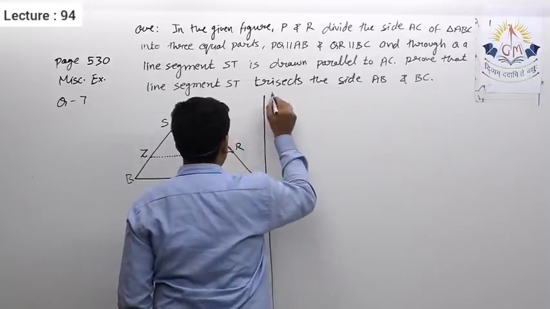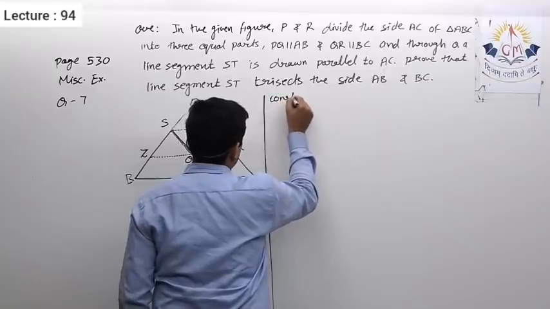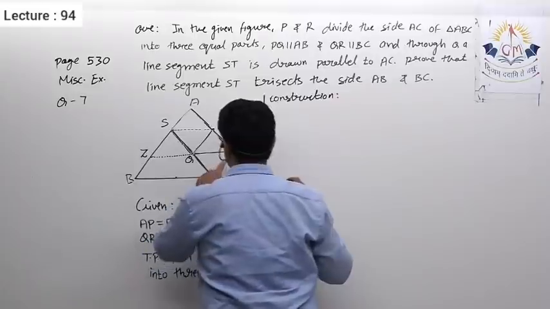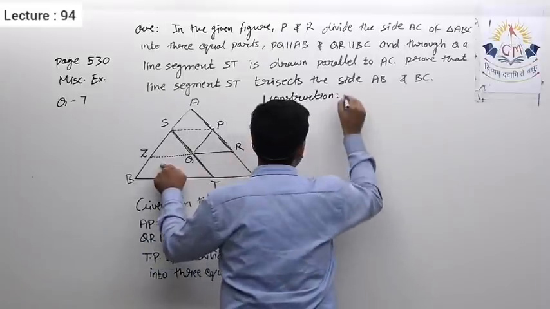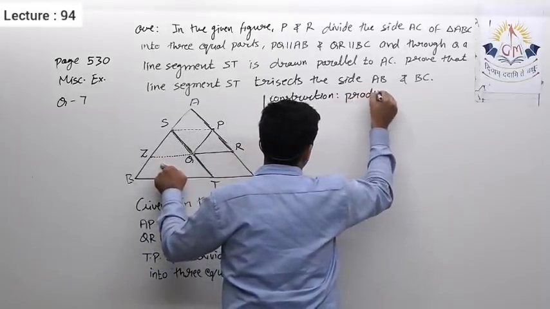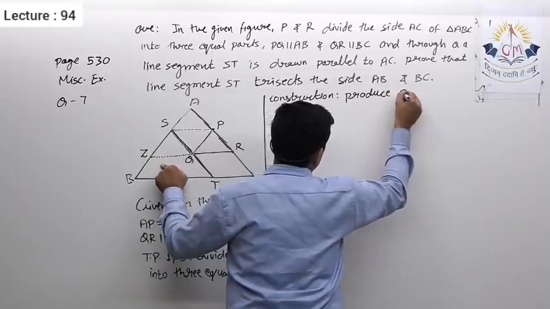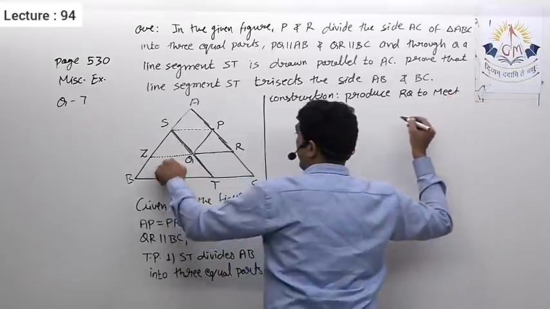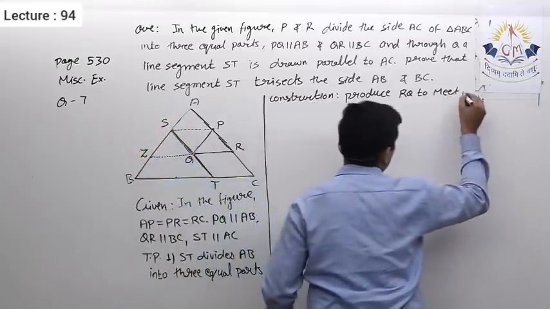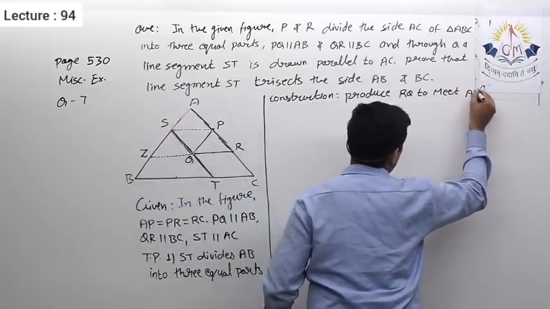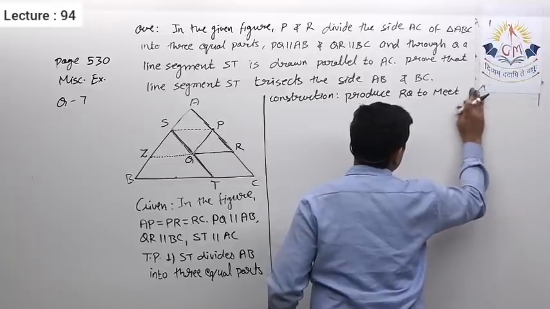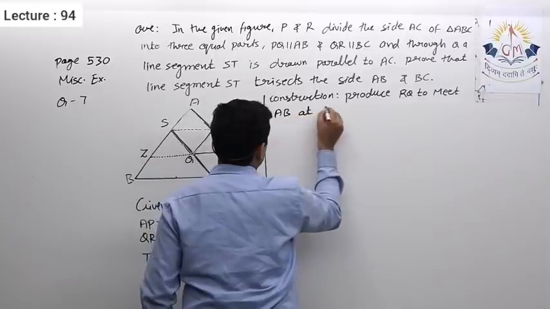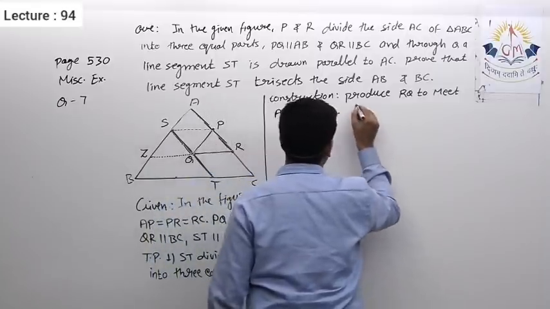Now a small construction is required. Construction: first of all, produce RQ to meet AB at Z, and join SP.